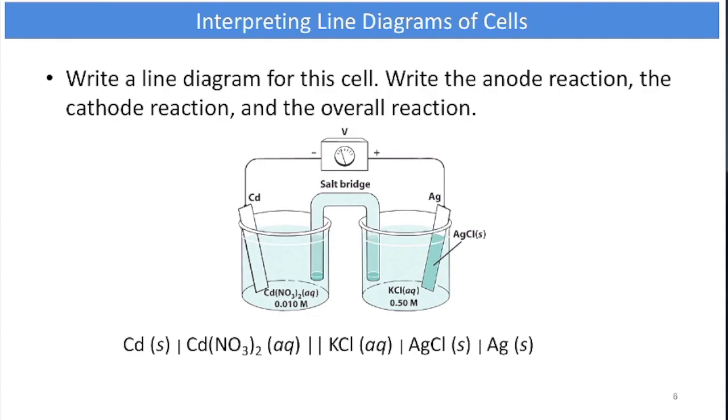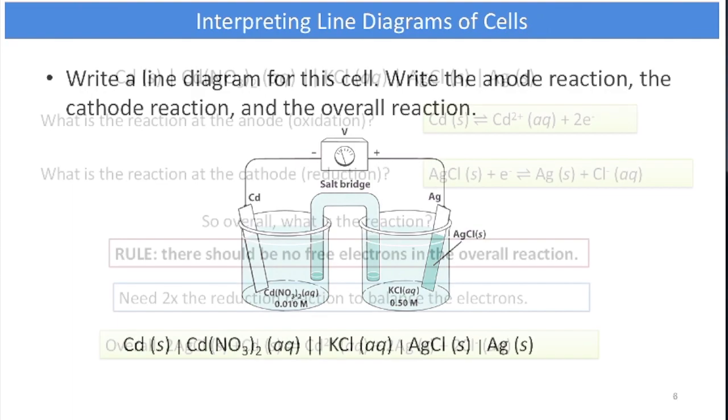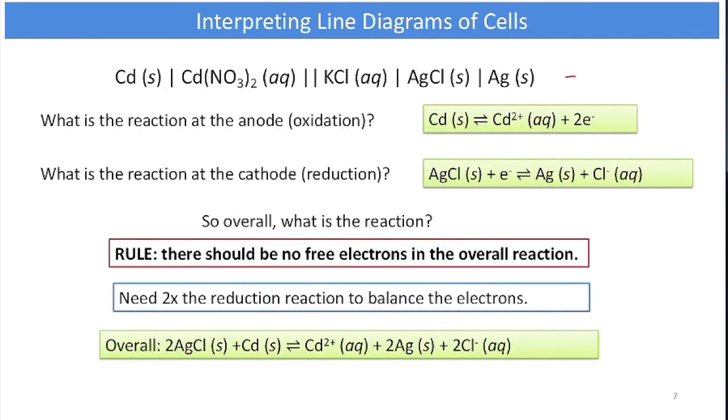And now we're asked to write the cathode reaction, the anode reaction, and the overall reaction. So let's flip over to the next slide and go over how to write those. Here's our cell diagram that we just wrote out in the previous slide. Now we have to write out what the reaction is at the anode and what the reaction is at the cathode. The anode reaction is always the oxidation reaction.